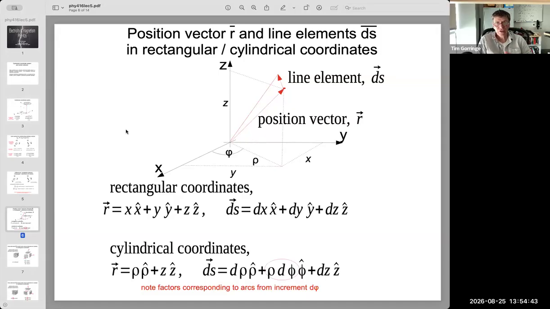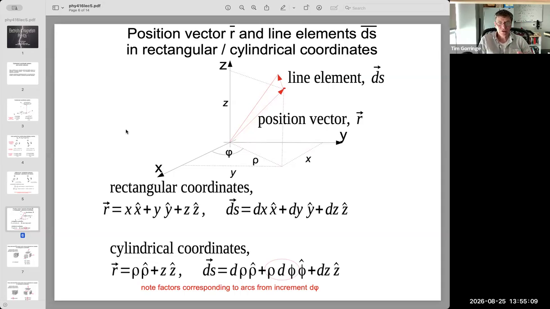Okay, this slide is to help us more with integral vector calculus, perhaps. In integral vector calculus, we have to specify line elements, and later on we'll see surface and volume elements. And also in integral vector calculus, we have to specify displacements through the field.